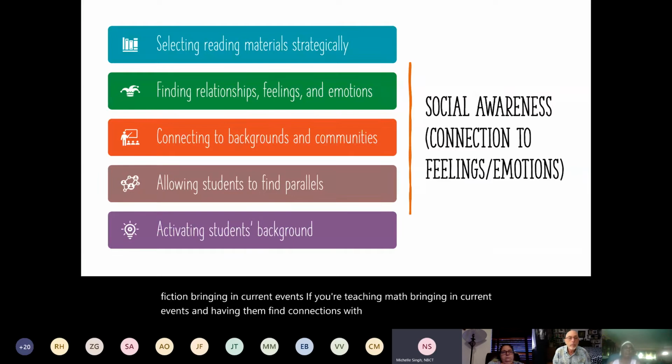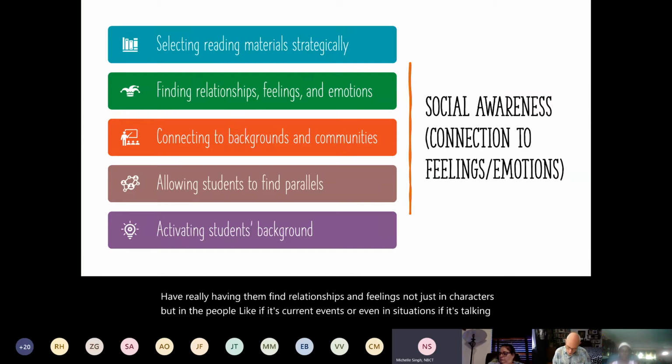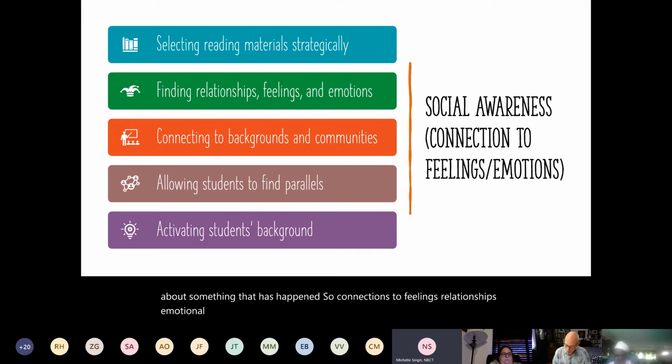But you select your reading material strategically or viewing material strategically. Having them find relationships and feelings, not just in characters, but in the people, like if it's current events, or even in situations, if it's talking about something that has happened. So connections to feelings, relationships, and emotions of people and situations.